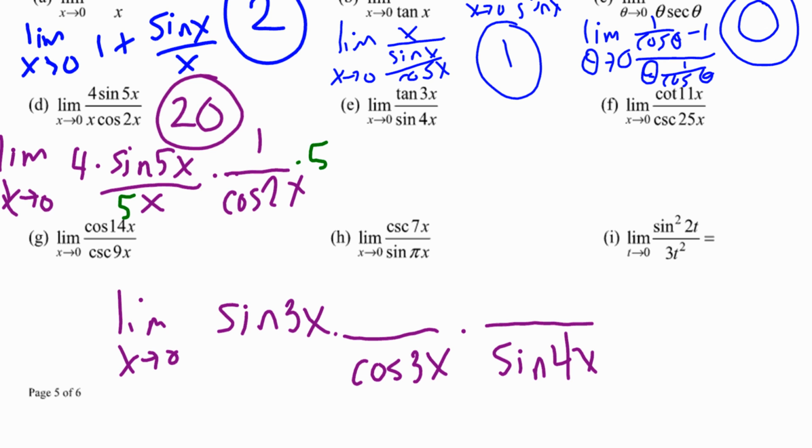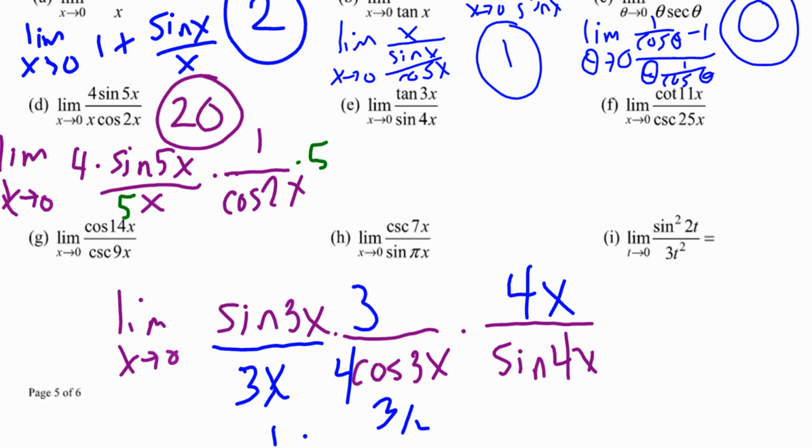This is easier. We have sine of 3x, we could put that over 3x. I'm going to put the 3 up here. I'm going to put the x over here. Now I need that to be 4. So I'm going to put the 4 here. Now we have 1 times 3/4 times 1, which gives us a limit of 3/4.